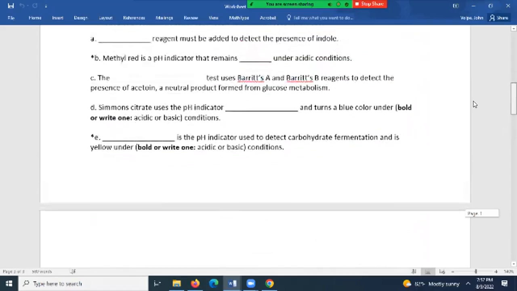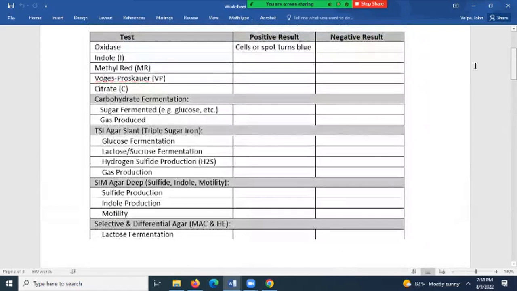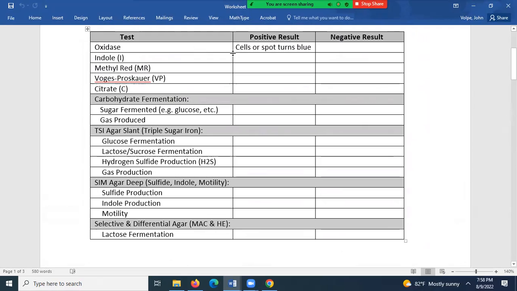In the worksheet, you need to fill in the table, both the positive result and the negative result. For oxidase, we have the first result for positive filled in for you. The oxidase test turns blue if it's positive. You need to fill in the table for everything else.